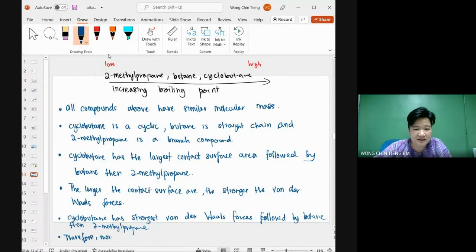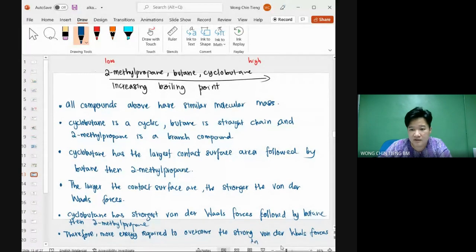Ayat exactly the same. Cuma kita ubah compound je. Ayat 2 yang bawah tu takkan ubah. Therefore more energy required to overcome the strong van der Waals forces in cyclobutane.